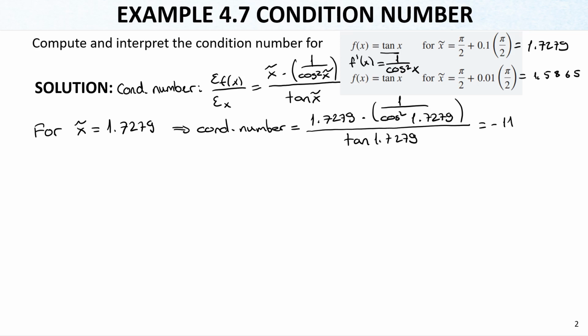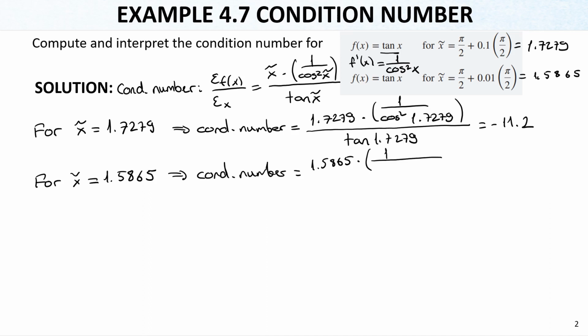If we calculate this, you can make the calculations, it's minus 11.2. And the other x value, x tilde, is 1.5865. Then the condition number is 1.5865 times the derivative, 1 divided by cosine square 1.5865, and these 1.5865 and 1.7279 are in radians, so be careful on calculating them using your calculators.